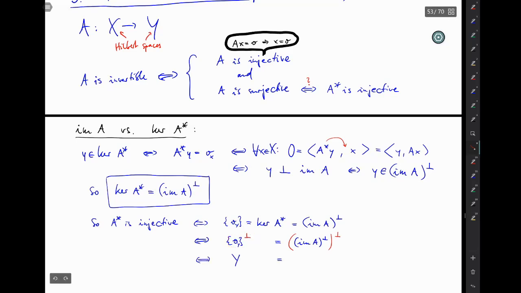but on the right hand side, the orthogonal complement of the orthogonal complement of a subspace is not that subspace, it's the closure of that subspace. And it could indeed happen that the closure of image A is the whole space Y, but the image of A itself is not.